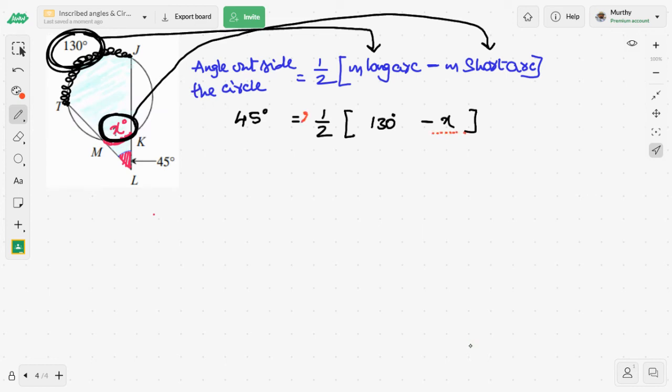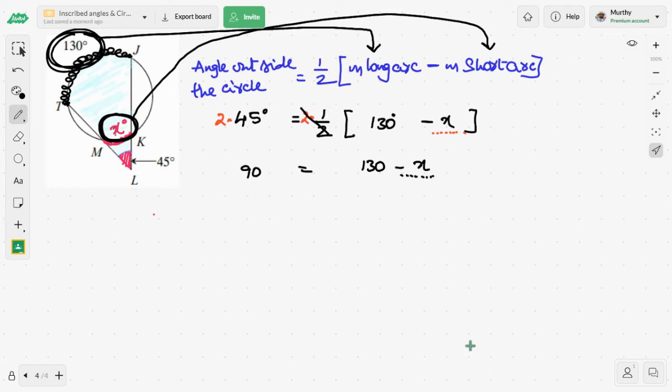So let me take times 2 on both sides. 2 times 45 gives me 90. 2 times 1/2 is 1, and 1 times anything gives the same, so it is 130 minus x. Now again our goal is to isolate the variable.